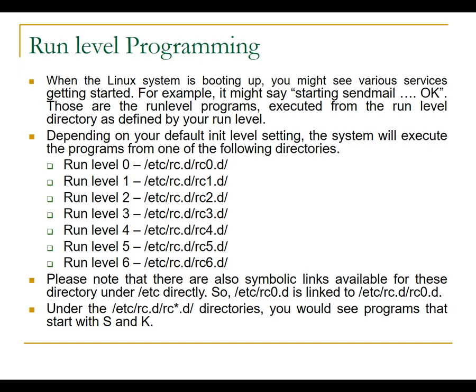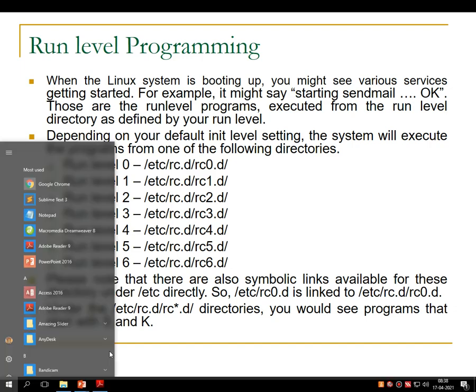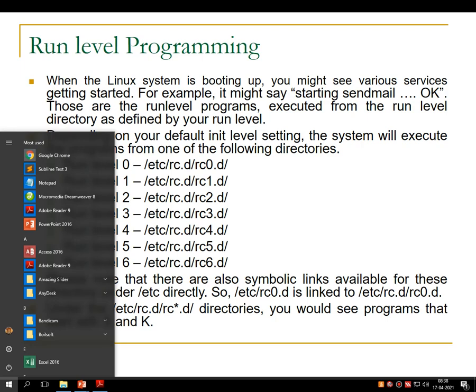Next is the run level program. These are the default programs which get executed at the time of the system's execution. For example, we can see the default running programs in the Windows operating system as I am using right now.